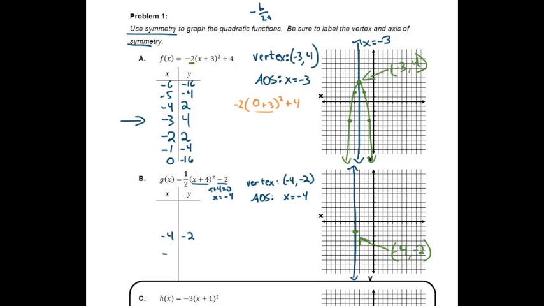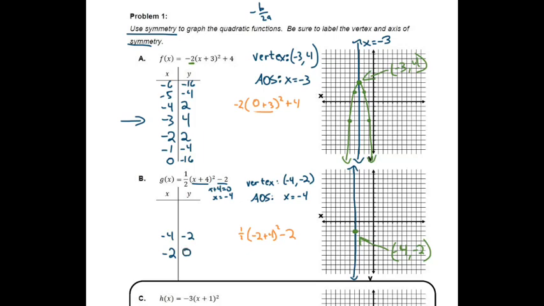So I'm going to go negative 2. 1/2 times negative 2 plus 4 squared minus 2. I'm just trying to get whole number points to make life easier. Negative 2 plus 4 is positive 2. 2 squared is 4. 4 divided by 2, which remember multiplying by half is the same thing as dividing by 2, is 2, minus 2 is 0.